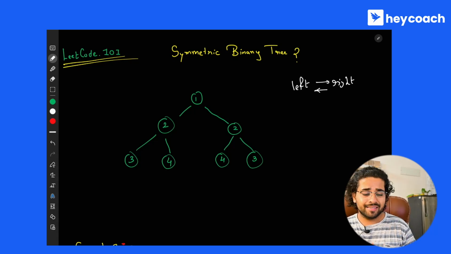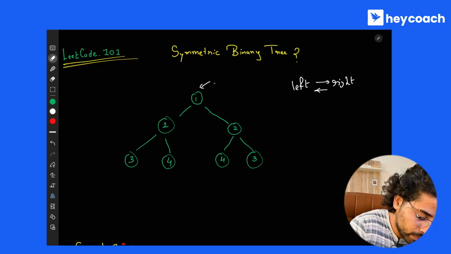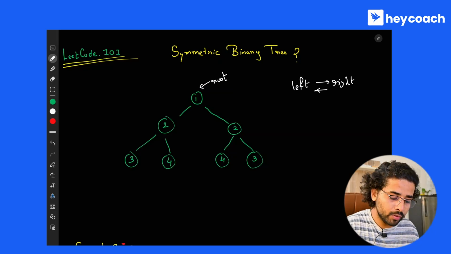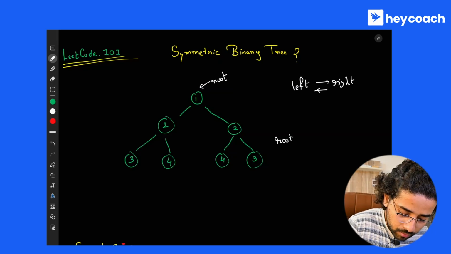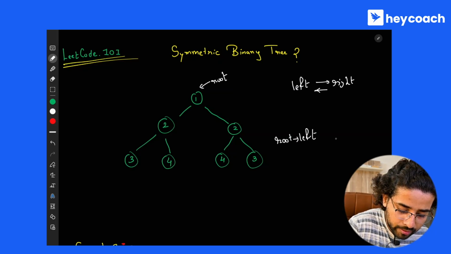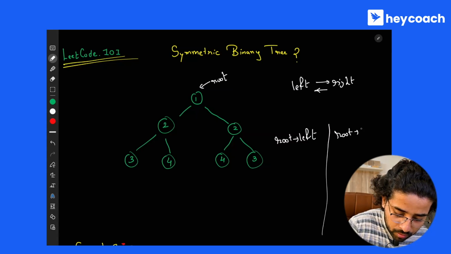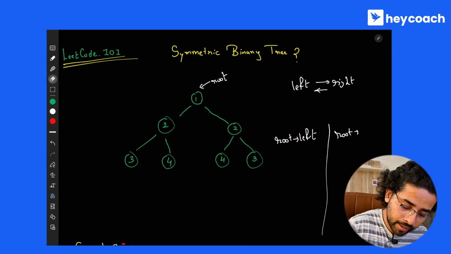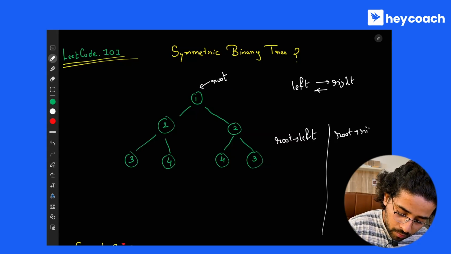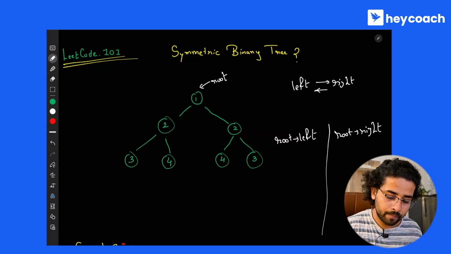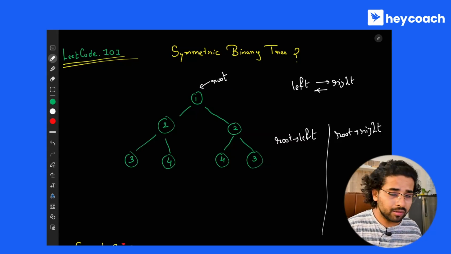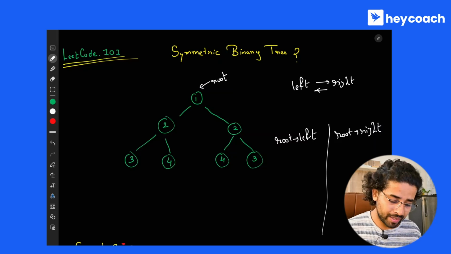So can I say this? If I ignore the root value, the root's left subtree is a mirror of the root's right subtree, or the root's right subtree is a mirror of the root's left subtree. Do you understand both conditions?